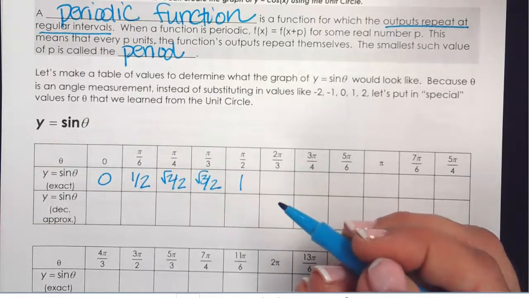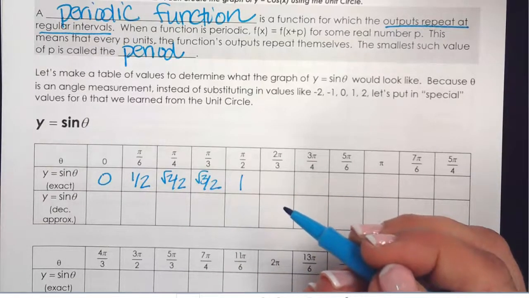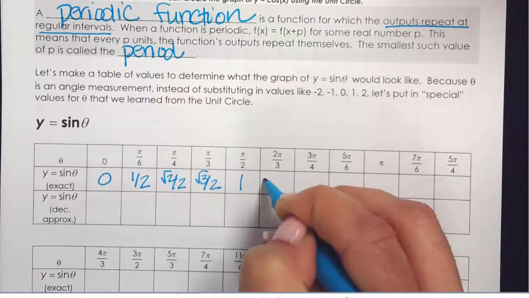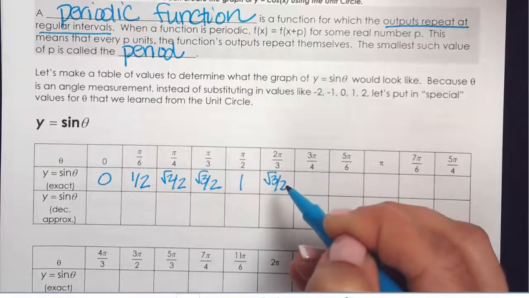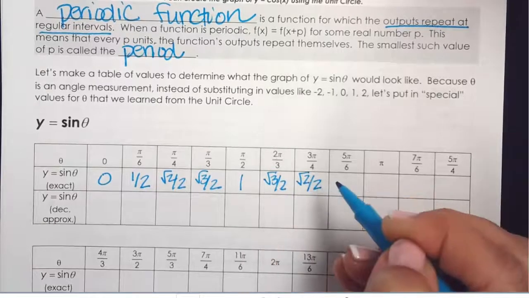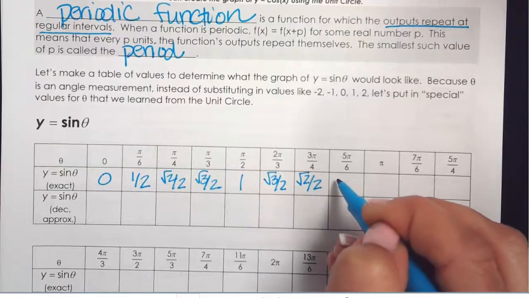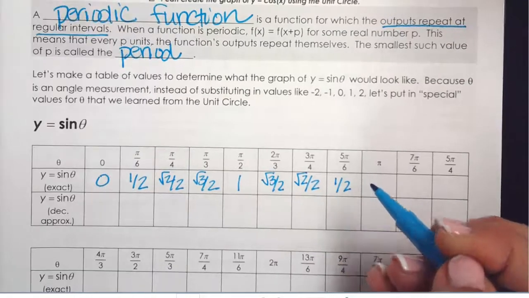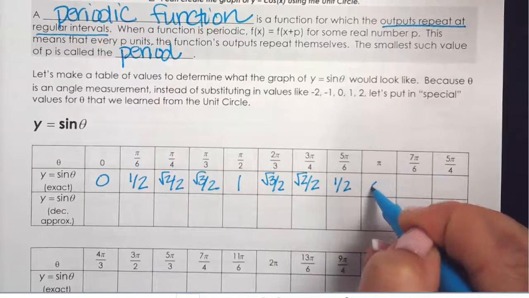Now let's keep going. If we keep going to 2 pi over 3, the root 3 over 2, good. 3 pi over 4, root 2 over 2, 5 pi over 6, 1 over 2, and what about when it's at pi? 0, okay?